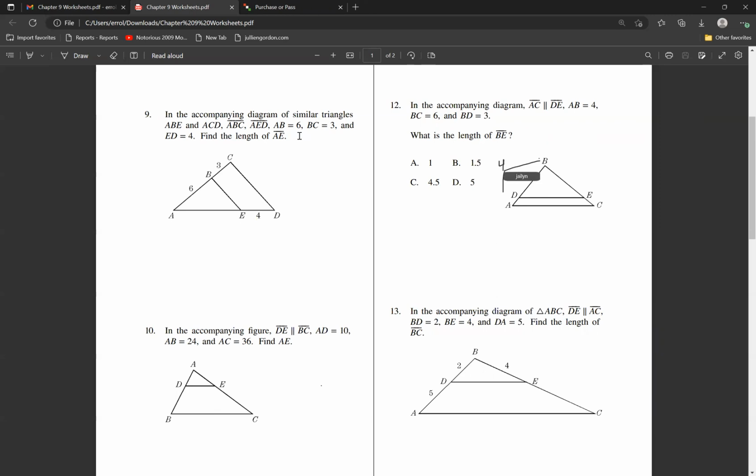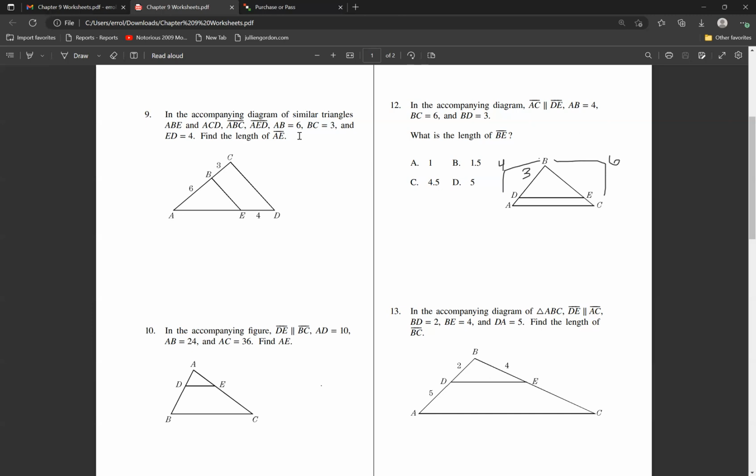There you go. BC equals 6. Okay, and BD equals 3. Good. Now set up the ratios just like we did on the other questions.